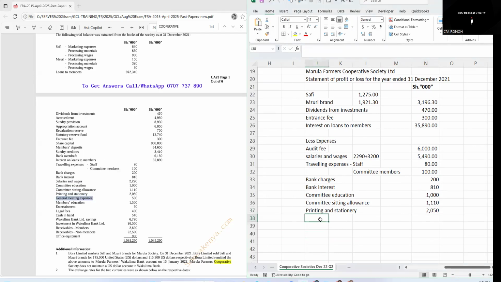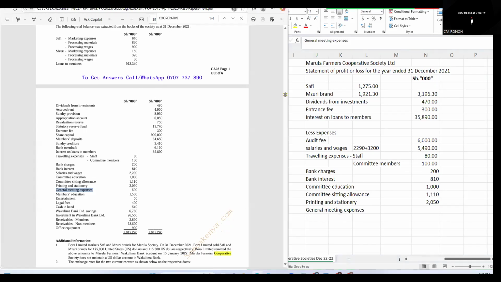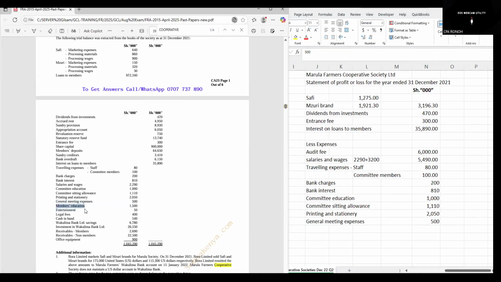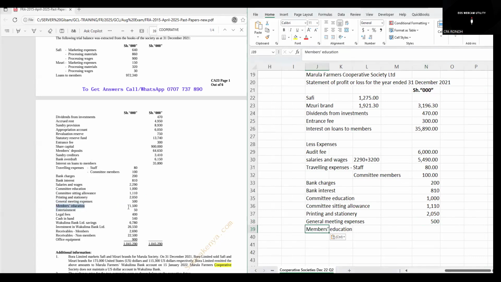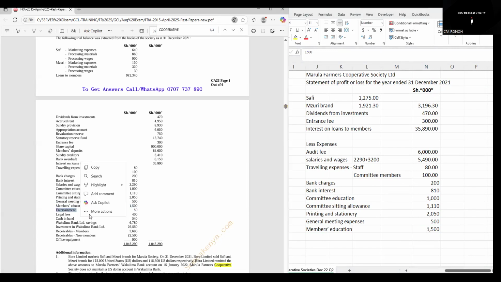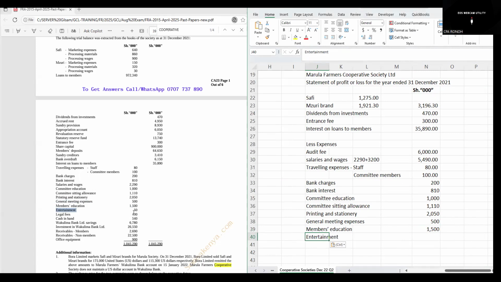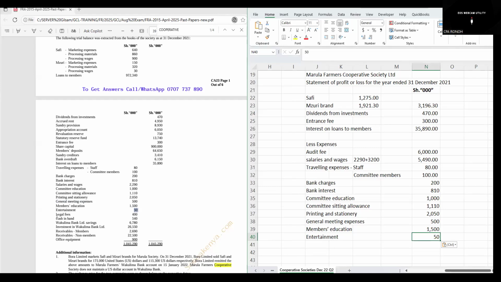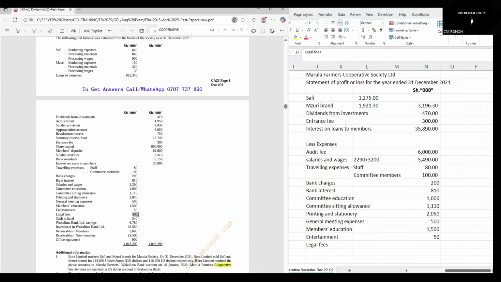General meeting expenses 500. And then members' education is also an expense, 500. Entertainment 50. Legal fees 400.